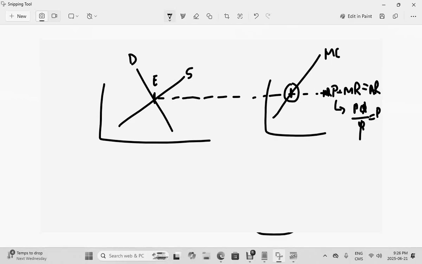And because this is a perfect competitor and the marginal cost of producing a good is equal to marginal revenue, the perfect competitor is being productively and allocatively efficient. So this is allocative efficiency, because the marginal cost is equal to marginal revenue.